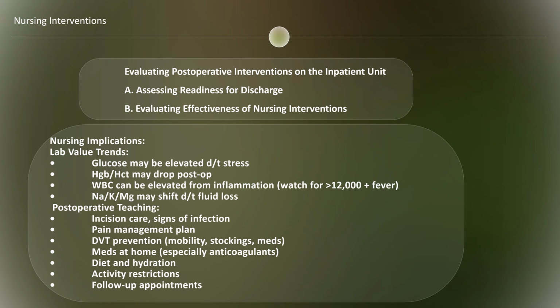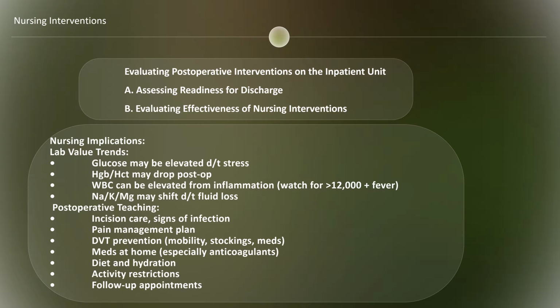And here we have the nursing implications. It goes back and forth between the inpatient unit, ICU, or PACU. So we always look for lab value trends. Glucose might be elevated due to stress.